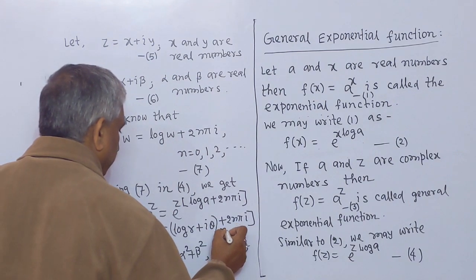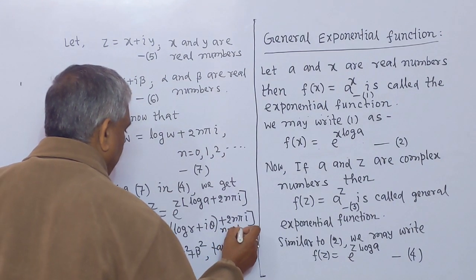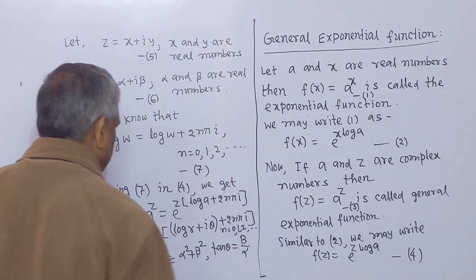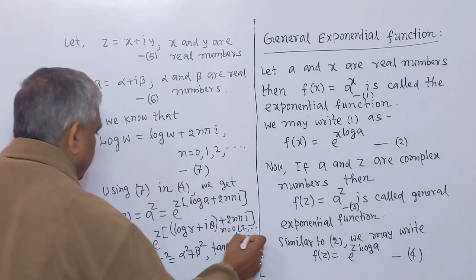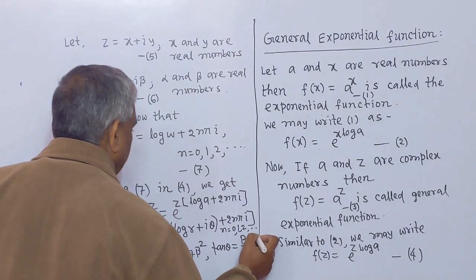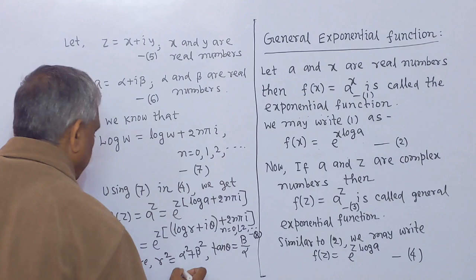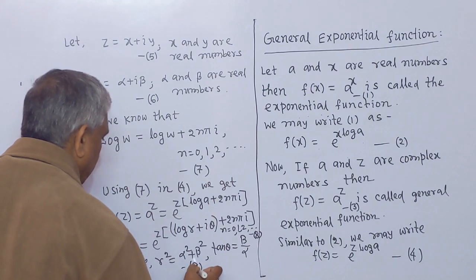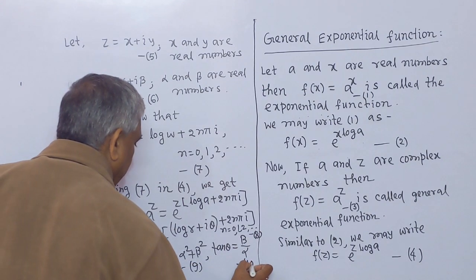Here n = 0, 1, 2, and so on. Let this be number 8, this is number 9 and this is number 10.